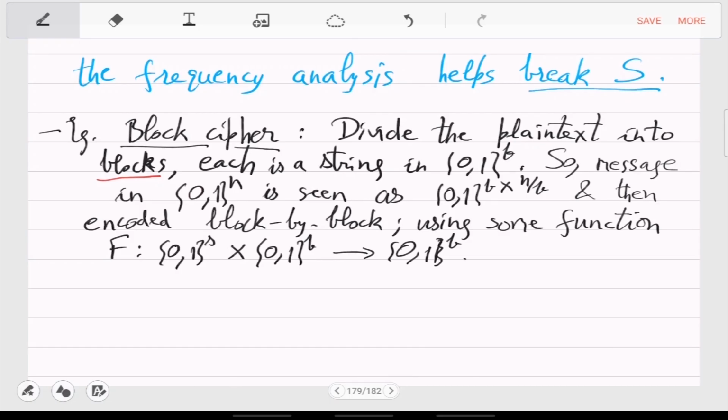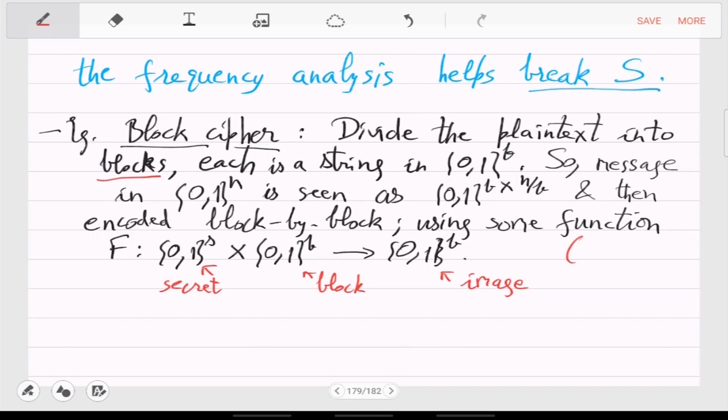Let us say that we have this for simplicity. So the function that you will apply on a block is big F, and S is the secret which Eve should not know. And in the end you get the image, which you can then again concatenate, and you have the ciphertext.